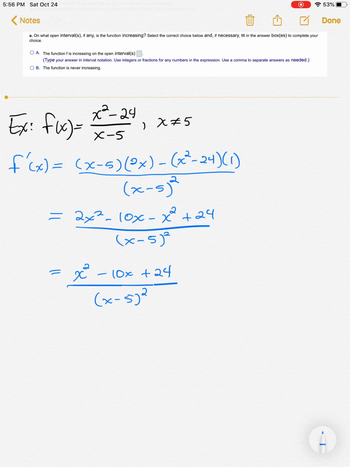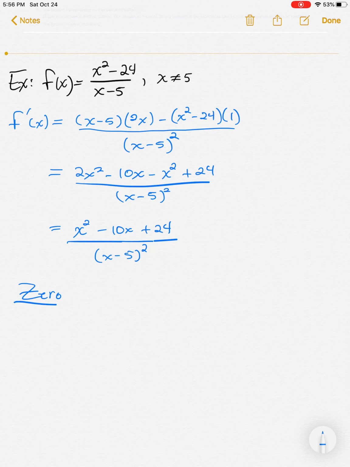All right, so now we see that we have a potential place to have critical values that make the first derivative 0. When we factor that numerator, this numerator factors to be x minus 6 times x minus 4 over x minus 5 squared.